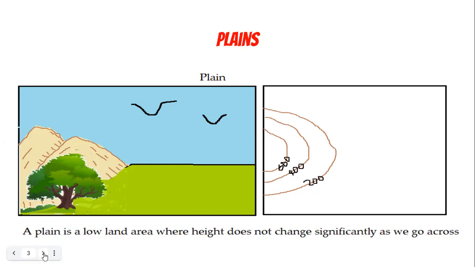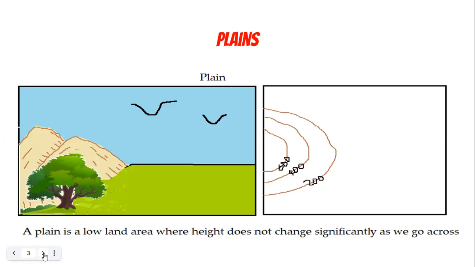When we compare roads that are constructed along plains compared to roads that we find in hilly areas, the roads tend to be straight, whereas the roads in hilly areas tend to be winding because they have to be built around the contours. So not only is it easier for the construction of roads and buildings, it is also less expensive.